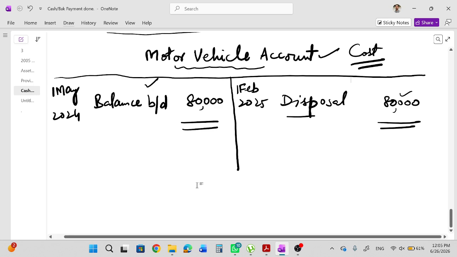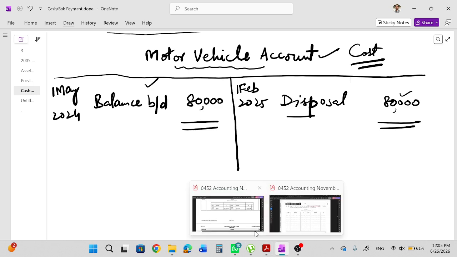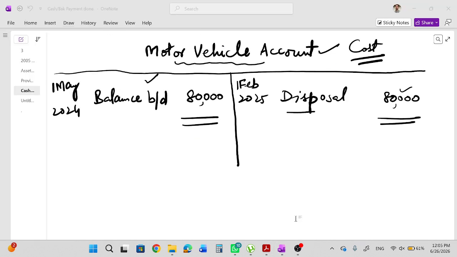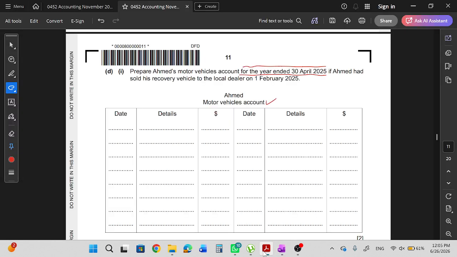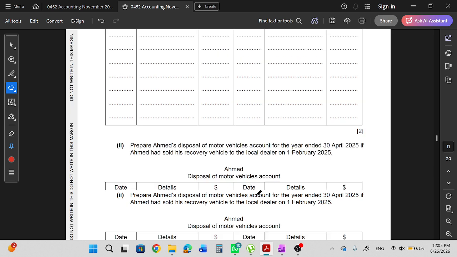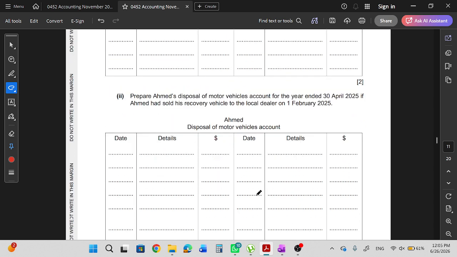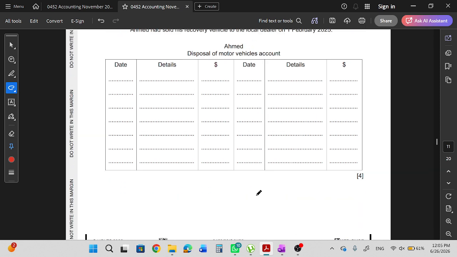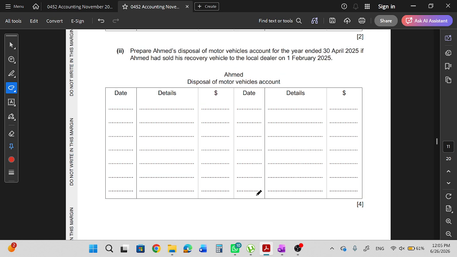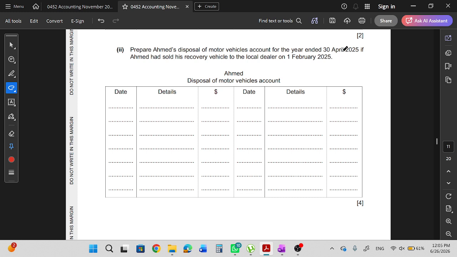Okay, next part is, now they are asking in the question that prepare Ahmed's disposal of motor vehicle account for the year ended 30th April 2025, if Ahmed had sold his recovery vehicle to the local dealer on 1st Feb 2025.